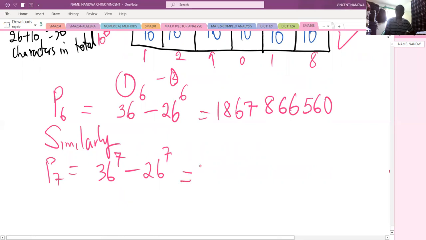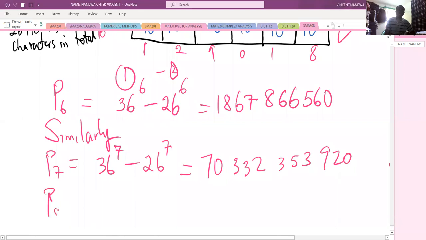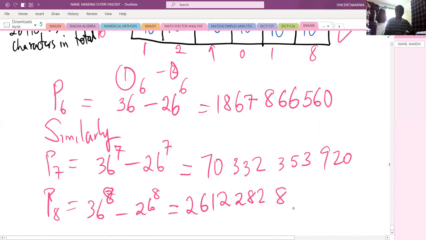That one will give us 73,353,920. And for those with 8 characters, P8 will be 36 power 8 minus 26 power 8. This will give us 2,612,282,842,880.